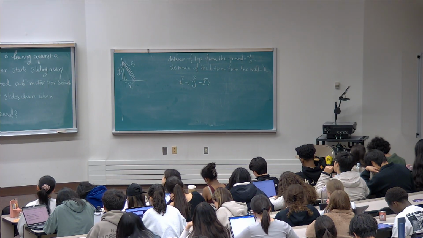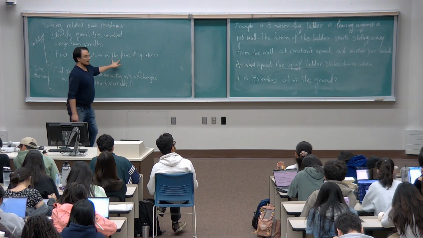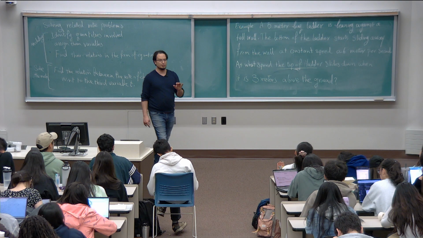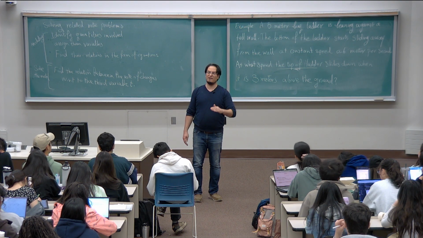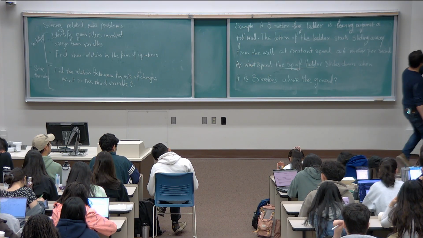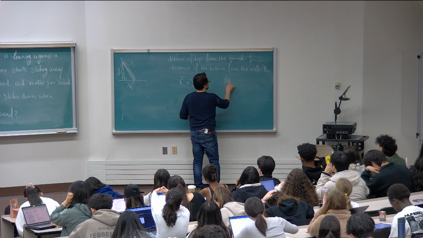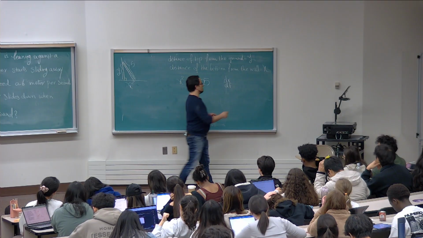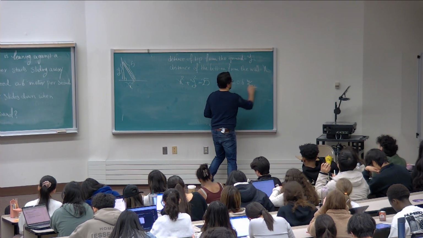Okay, I have the equation, but yesterday when we were talking about this, I asked you not only to get that equation, but also to write all the given information in terms of the variables. For example, here we know that x is increasing at a rate dx/dt, the rate of change of x with respect to time, of 0.6 meters per second.